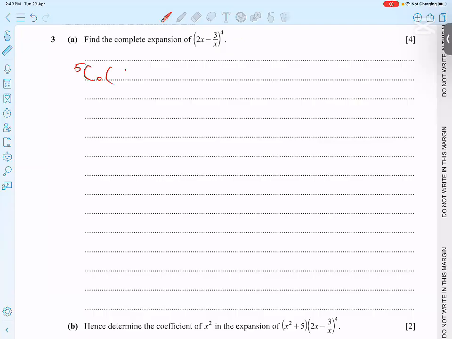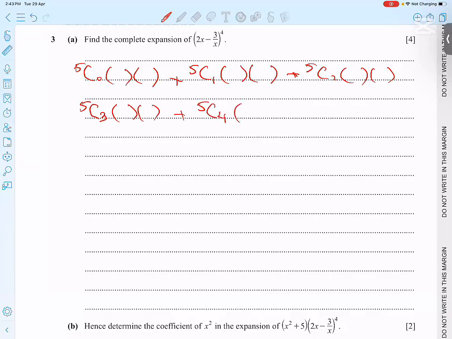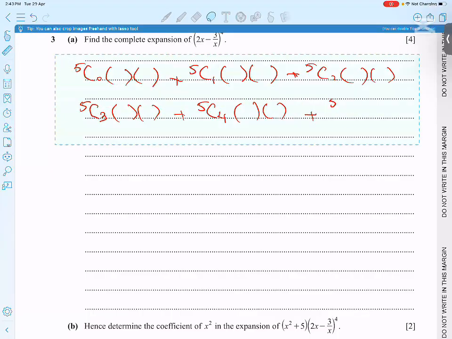4C0, and every time we write 2 brackets. 4C1, so we write 2 brackets, and 4C2, again we write 2 brackets. Okay, keep on writing. 4C3, then after that 4C4, and last term, as I said before, 0, 1, 2, 3, 4. Oh, sorry, this is a 4, not 5.